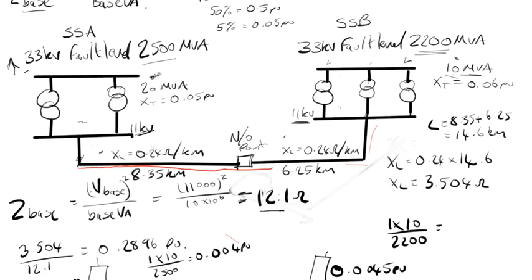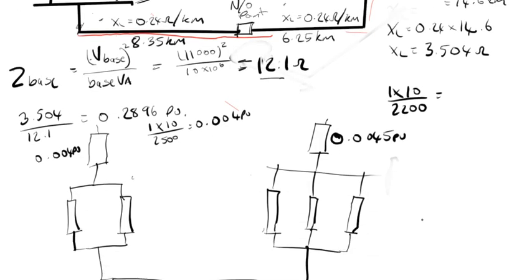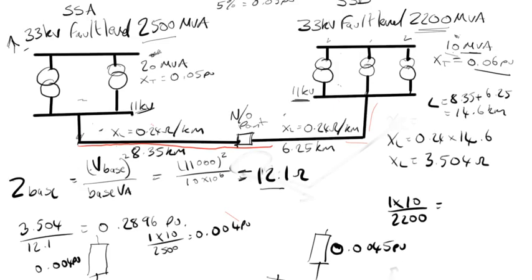And this one was a 20 MVA at 0.05. So what we have to do there is for the 20 MVA base, we'll have 10 over 20, and then multiply that by the 0.05 pu.